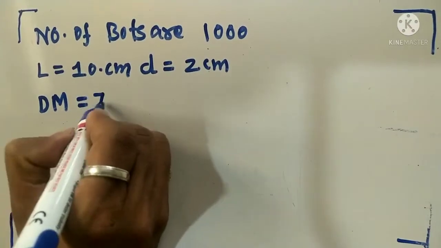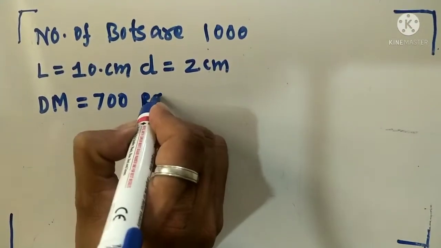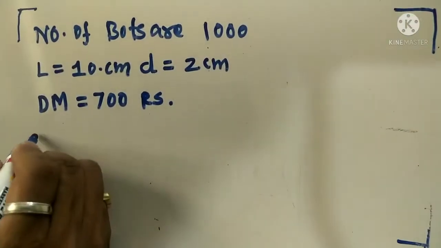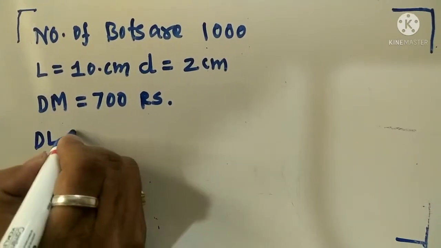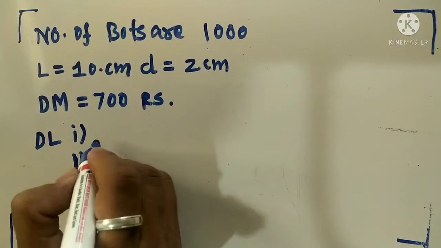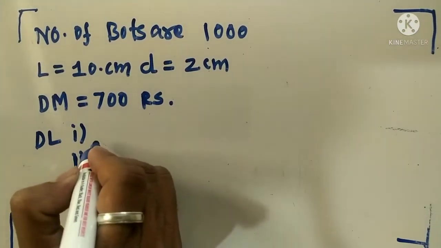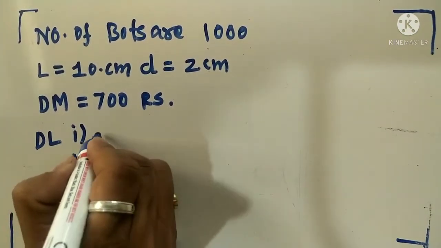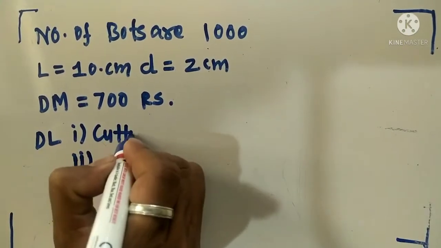The direct material cost is 700 rupees. The labor cost is divided into two parts: cutting and setup as 150 rupees, and milling, threading and drilling as 160 rupees.